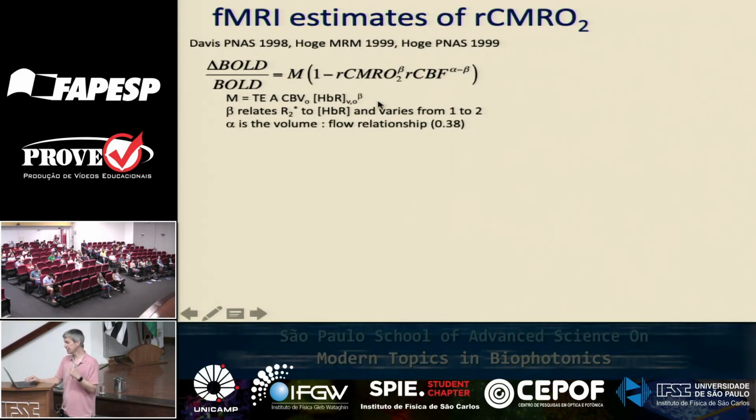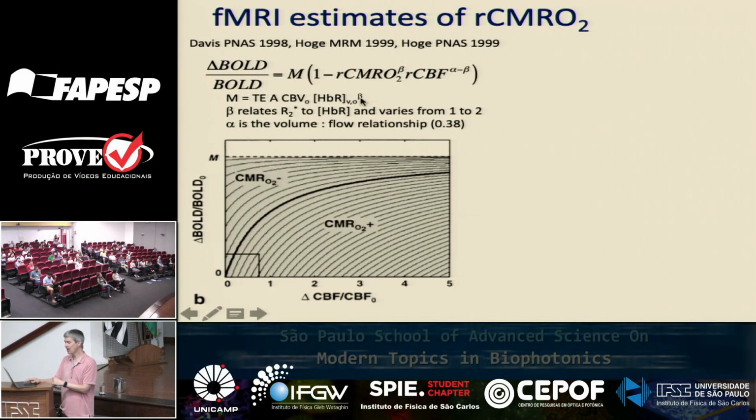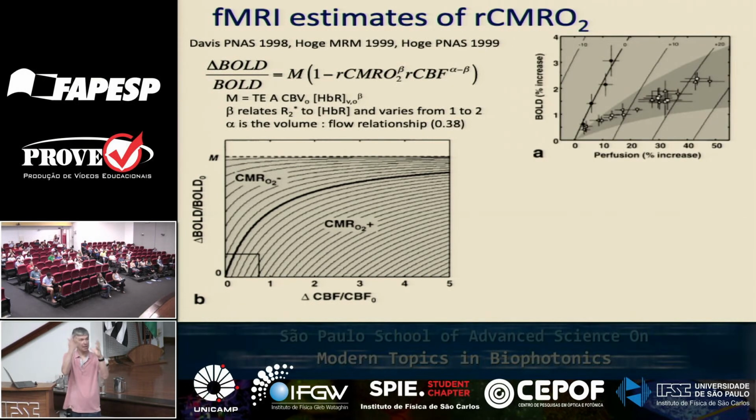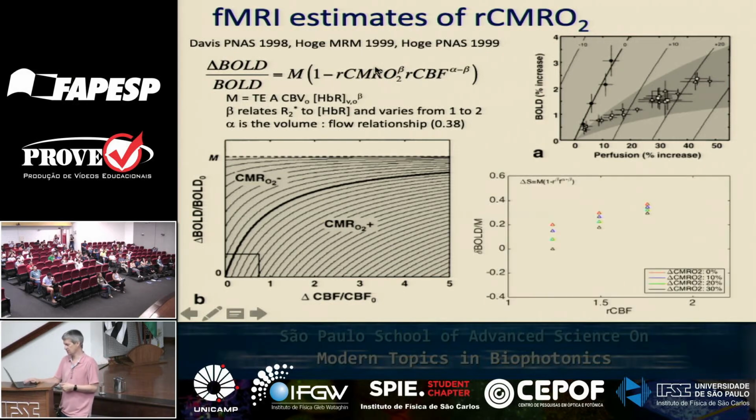I showed you at the beginning, there's reason to believe that this model is underestimating evoked changes in oxygen consumption. But we can now use this microscopic model of the BOLD signal where we know what the true changes in oxygen consumption are. We can simulate the BOLD and the blood flow changes, put that into this model, and see how accurately we estimate the underlying changes in oxygen consumption, right?